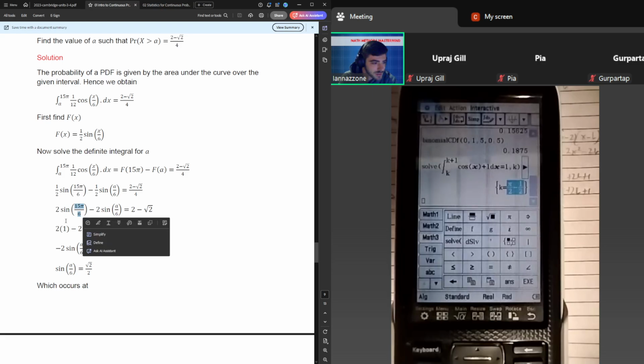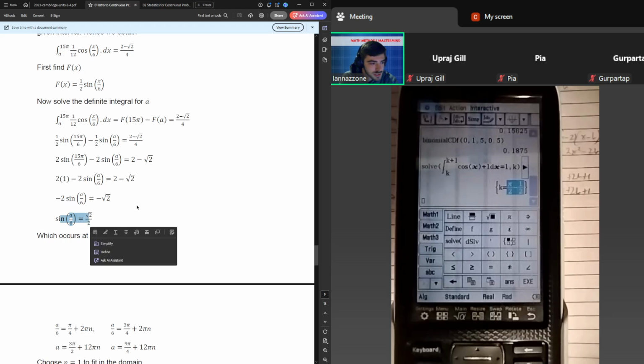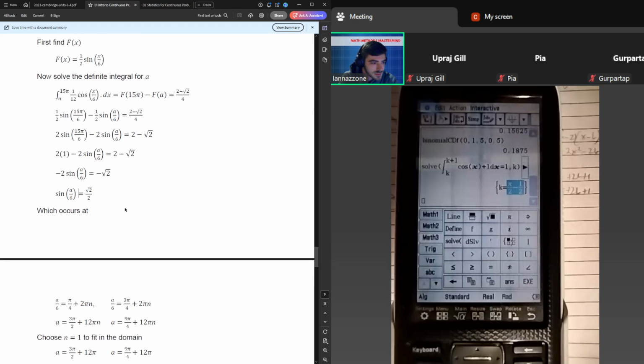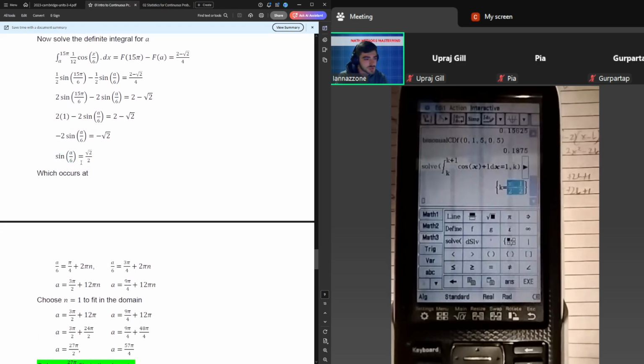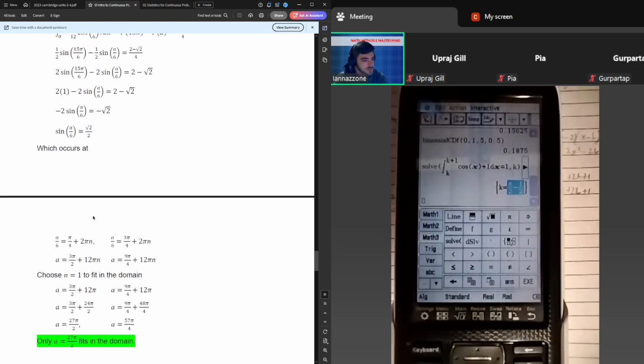One is where you have the angle, which gives you a value, and one is where you don't, or at least you have a variable in the angle, in which case you rearrange to get that circular function on its own. You've got exact value, you've got circular function. You're now just looking for where does sine equal root 2 over 2, which is going to be pi over 4 and 3 pi over 4. I'm doing the general solution here just to show all possibilities there.